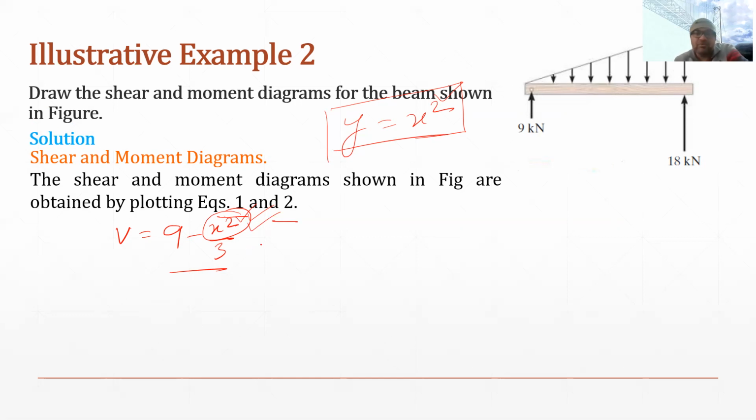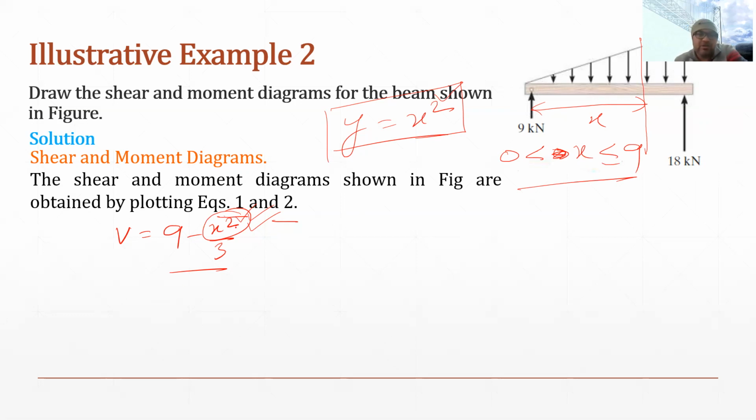Now we have to find the value, or the ordinate, of that curve by putting the value of x from 0 to 9, because we have cut the section at this x distance, and the range of x is between 0 to 9.